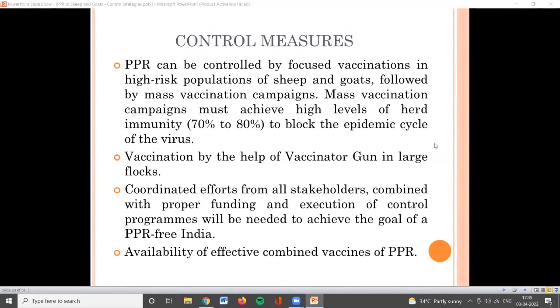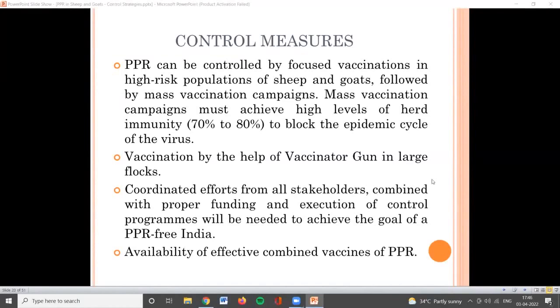In a mass vaccination camp, it is better to use the vaccinator gun. There should be coordinated efforts of all stakeholders combined with proper funding and execution of control programs. We are dreaming that India must be free from PPR by 2026 or 2027.